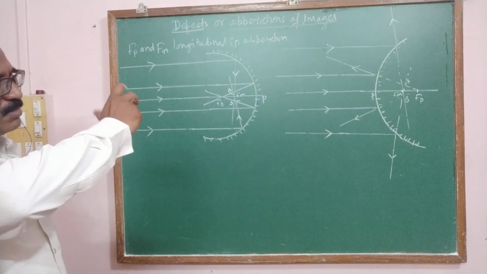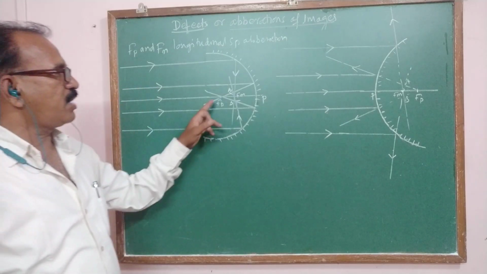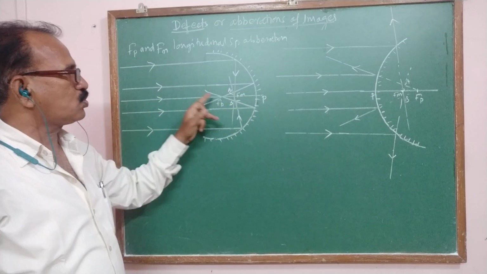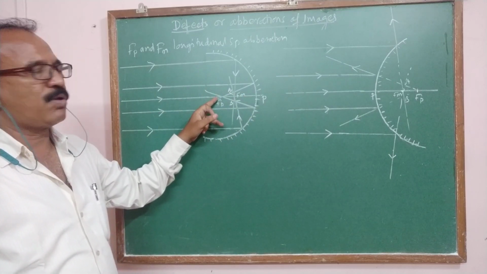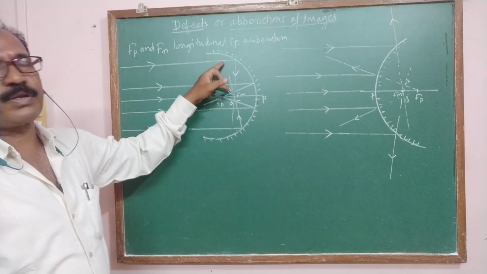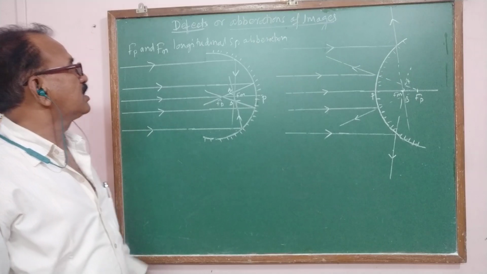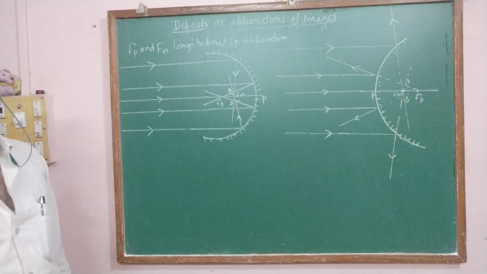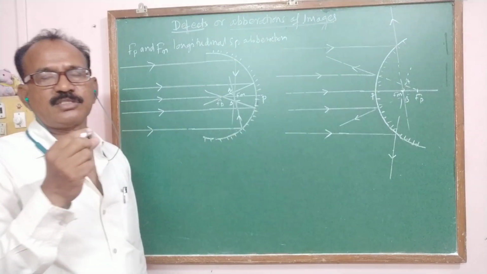Spherical aberration means it is forming a circle. Here is the distance between FP and FM. The rays close to the principal axis form the image away from the pole, and the rays away from the principal axis form it close to the pole. The distance between them is called the longitudinal spherical aberration, and the circle will be minimum at a particular distance.